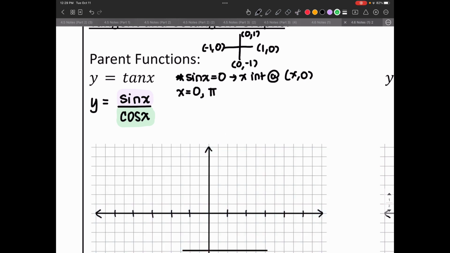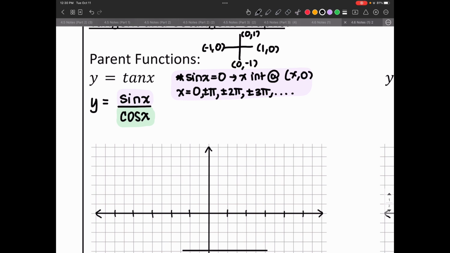So I'm looking for when the y value is equal to 0. That would be here and here. So just 0 and pi and all their coterminal angles: 0 and positive or negative pi, positive or negative 2 pi, positive or negative 3 pi, etc. So I'm going to have x-intercepts for the tangent parent function graph at those x values.